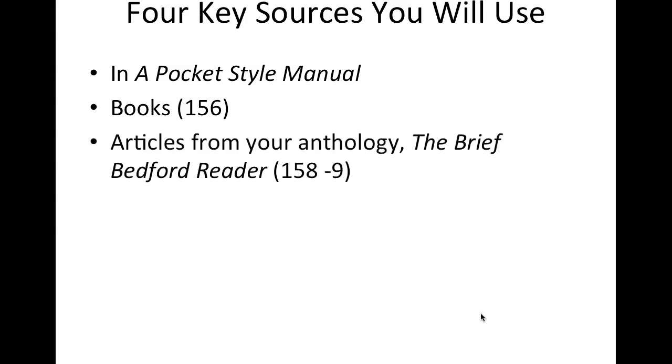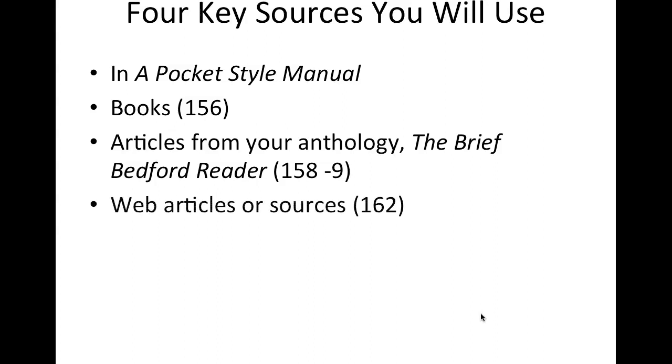Four key sources that you'll be using in all of your papers are listed in the Pocket Style Manual on special large pages that give you an extra easy way to understand how to format those sources. So on page 156, it tells you how to format the information in an entry on the works cited page for books. On pages 158 to 159, it tells you how to do that for an anthology, which we already discussed.